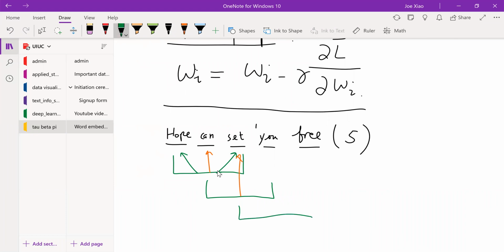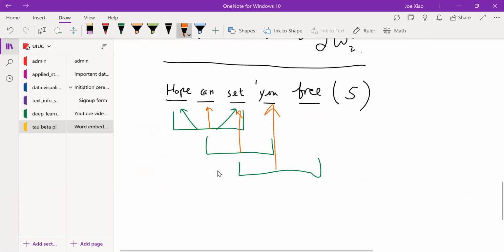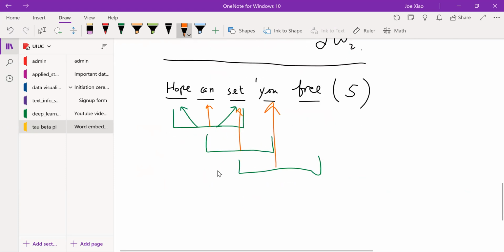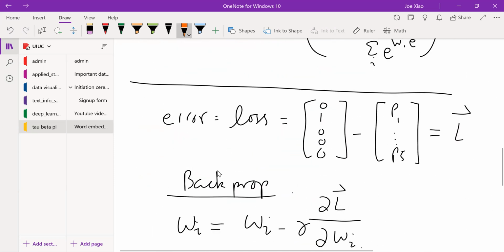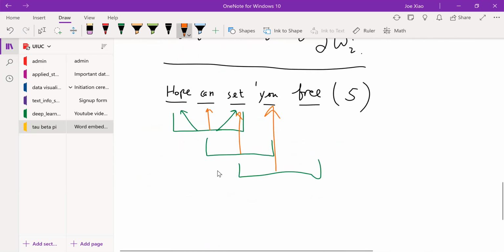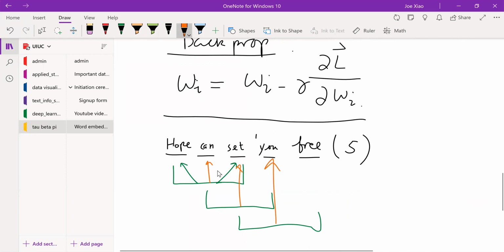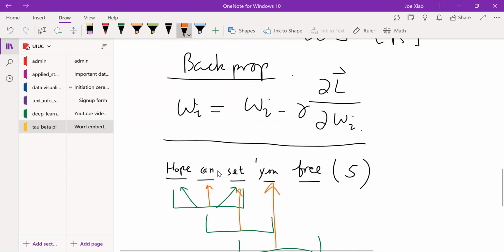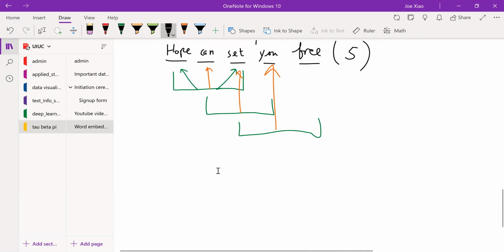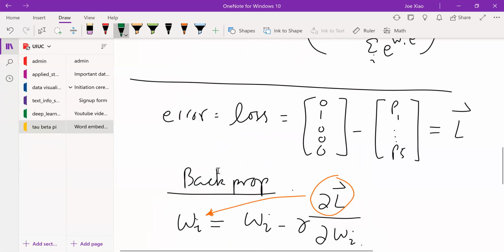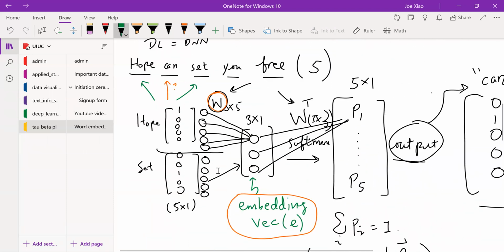And then we can move that again, and now this is the center word. So imagine if you have a very large vocabulary, then you can keep doing this and get a lot of training data. In each iteration, you compute a loss and then use that to adjust the weights.